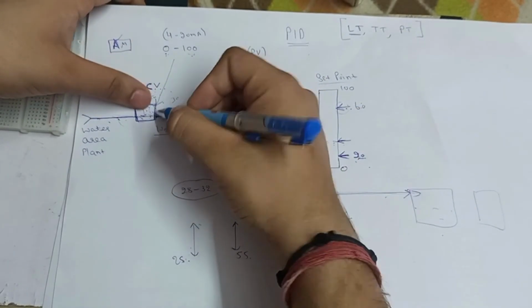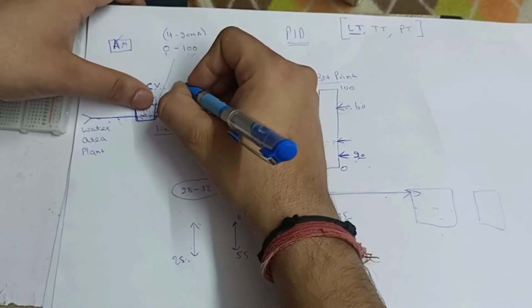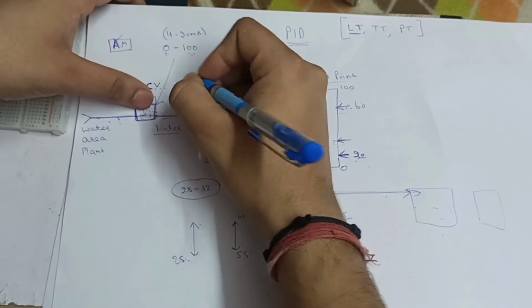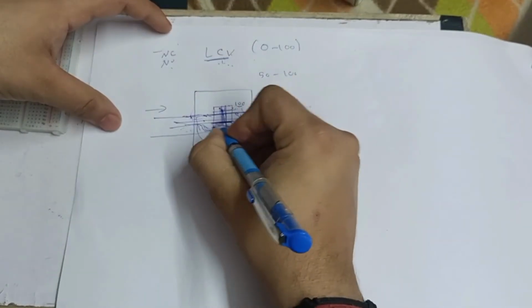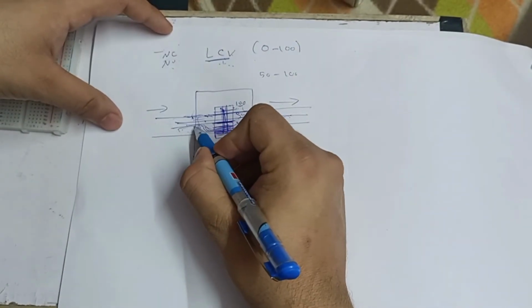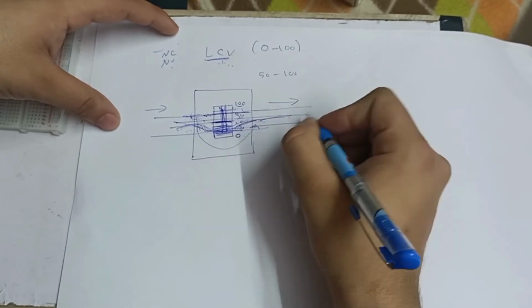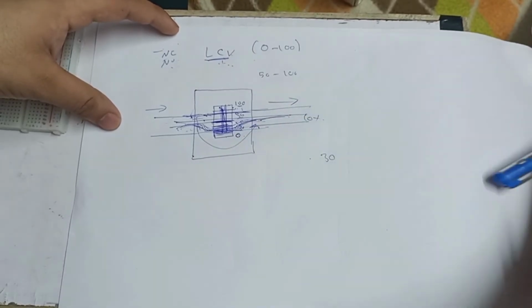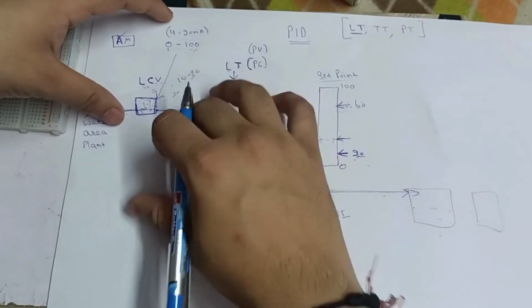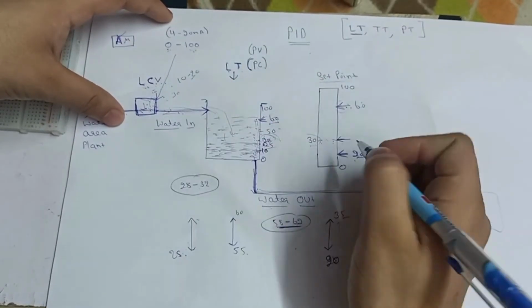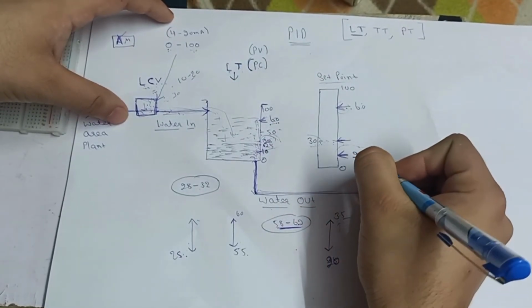At that time your LCV operates and the valve opens nearby 10 to 20%, meaning 10 to 20% valve open, and a little liquid flows here, because we need to maintain the temperature as per this requirement.